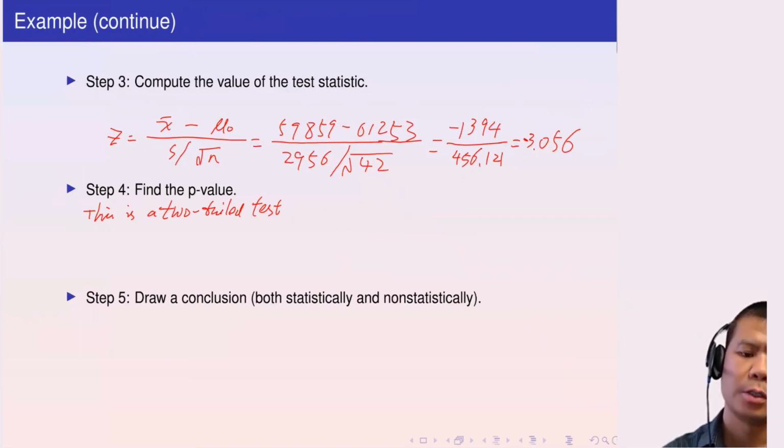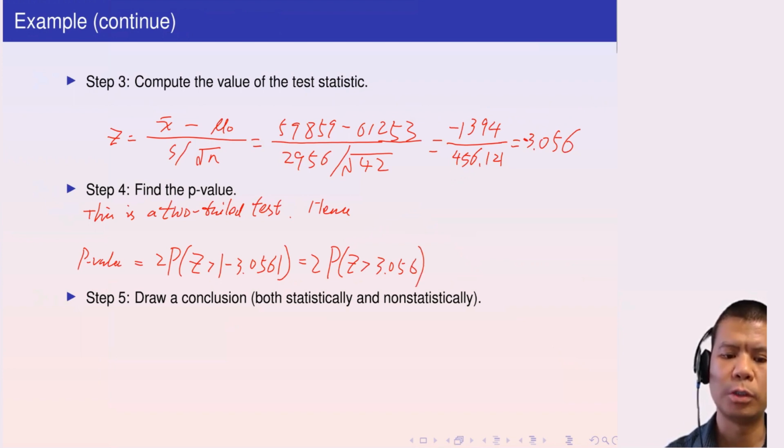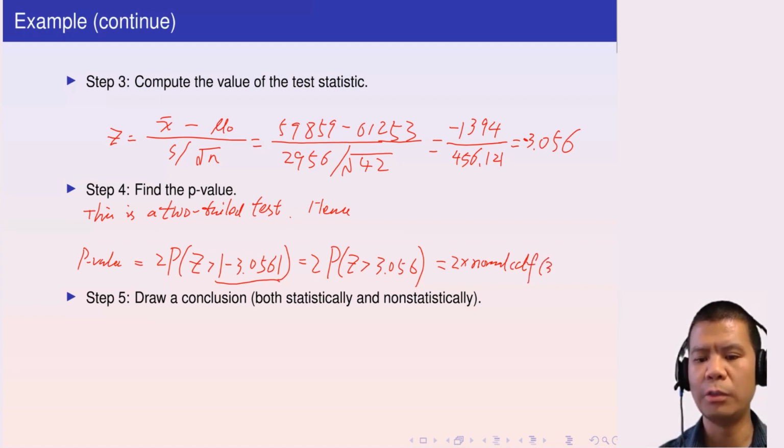Okay, so hence the p-value equals 2 times the probability for z greater than the absolute value of negative 3.056, which equals 2 times the probability for z greater than 3.056. Because the absolute value of negative is positive, so it's 2 times normal CDF from 3.056 to 10 to the power 99.